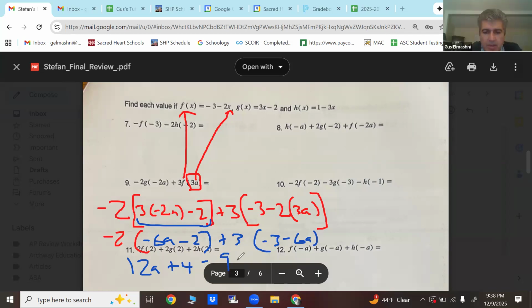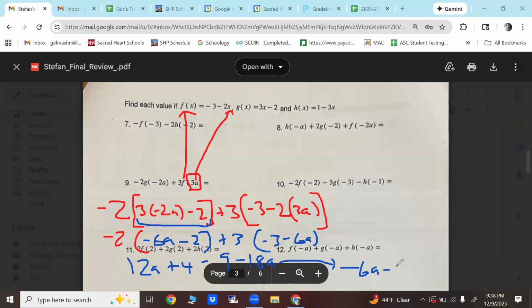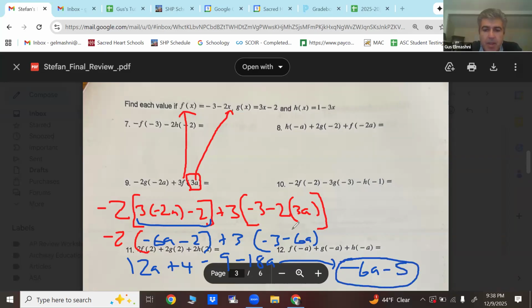And then 3 times -6a is -18a. Okay, then let's combine like terms. What's 12a minus 18a? -6a. Good. And then 4 minus 9? -5. Right. These are problems you should not miss. These are actually free points. You just gotta be careful. Okay, let's try one more.